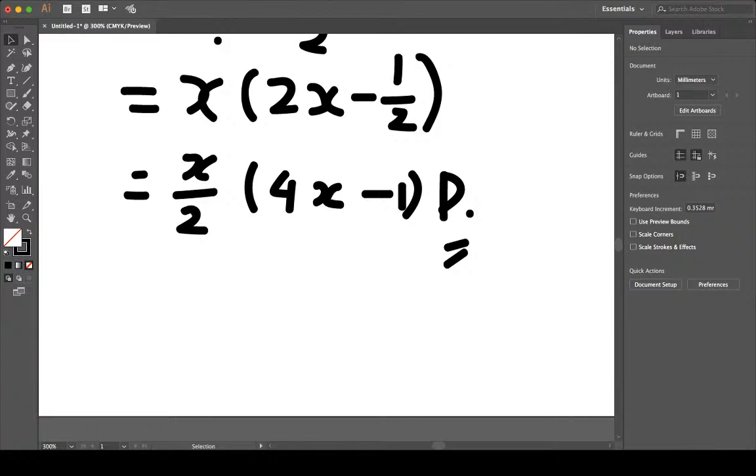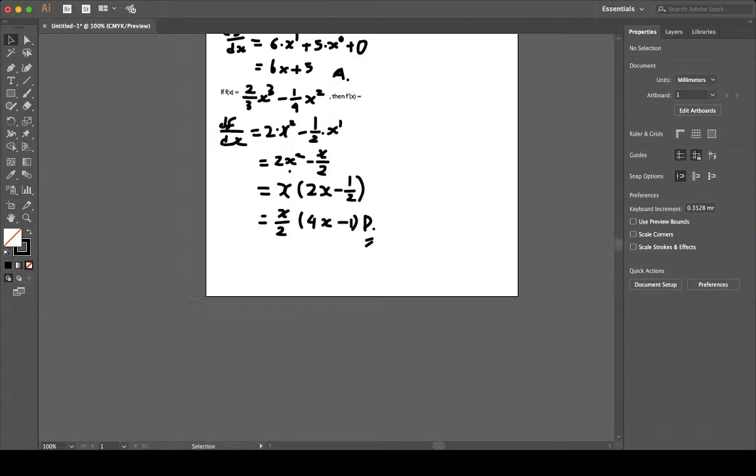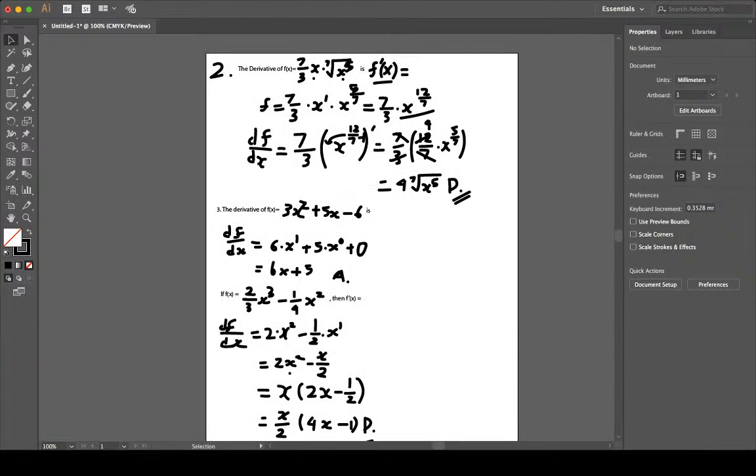No. Layers, no. I forgot what it's called. Is it this here? Artboard navigation. No. Selection. Show artboard name. No. Wow. So yeah, that's one page, unfortunately.